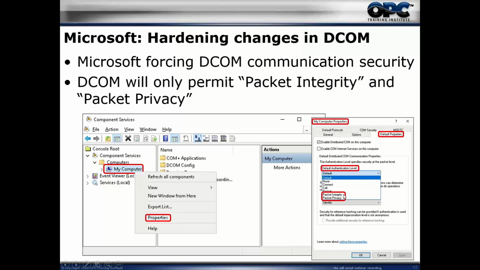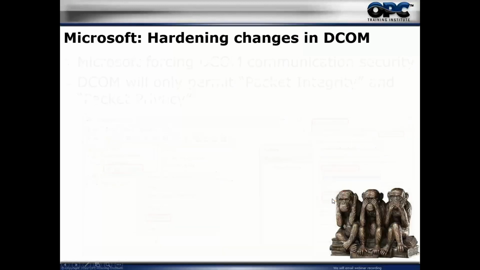And what DCOM will be doing is only allowing packet integrity and packet privacy. These have more encryption. So if you're thinking, okay, all I need to do is just move here, unfortunately, that's not the case. And I'll show you why.